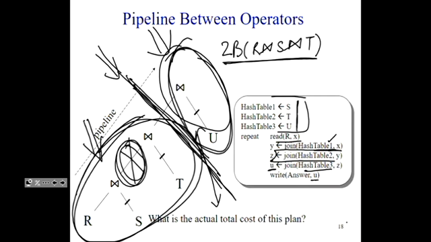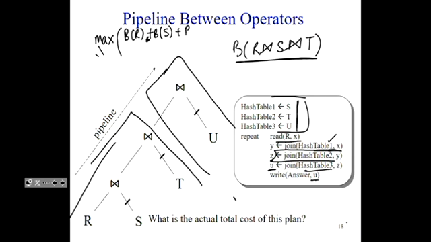Max of either R, S, T, max of B of R plus B of S plus B of T, or B of R join S, or B of R join S join T.